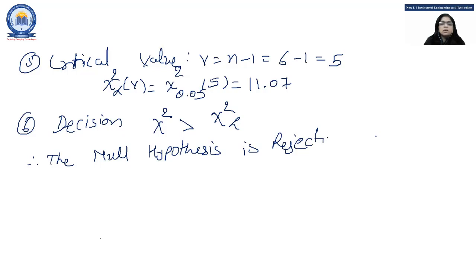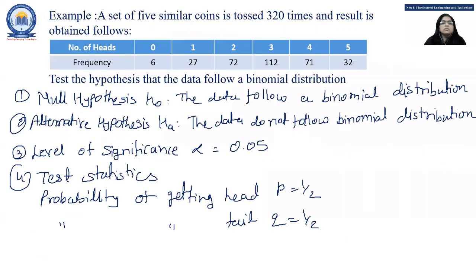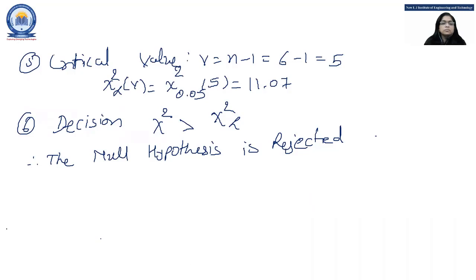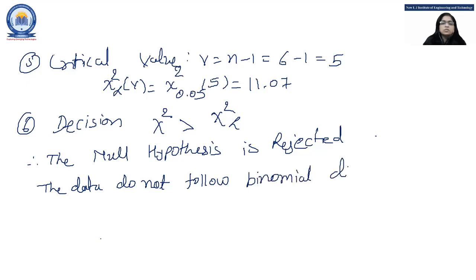And as the null hypothesis is rejected, we can say that the data do not follow binomial distribution, right? The data do not follow binomial distribution.